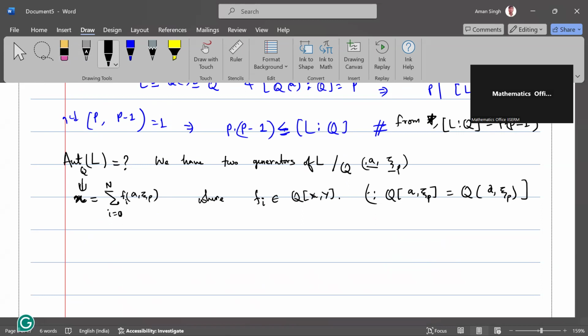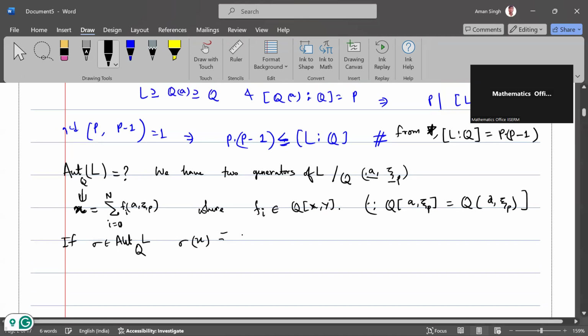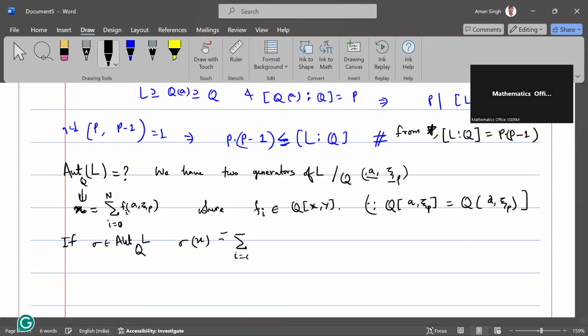Then sigma belonging to Aut(L/Q) acts by sigma(x) equal to the sum over i from 0 to n, because sigma is an algebra homomorphism over Q, so sigma will go inside everywhere.